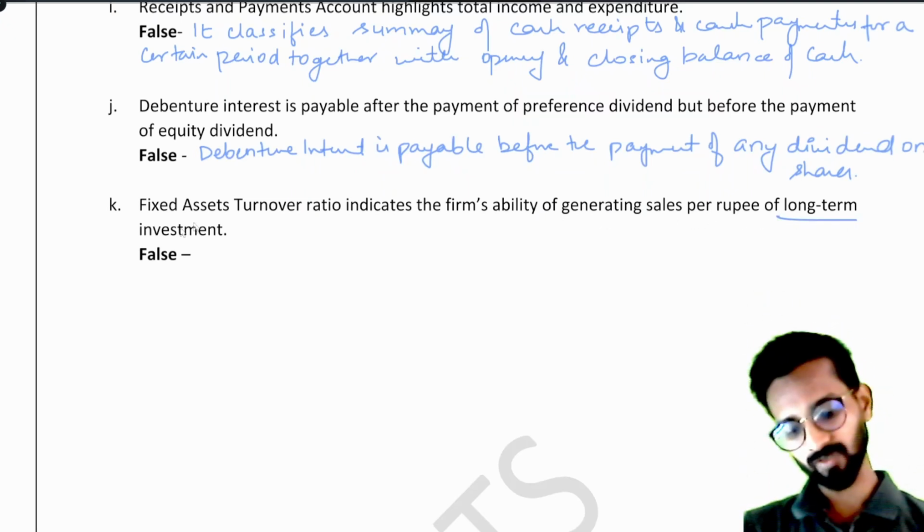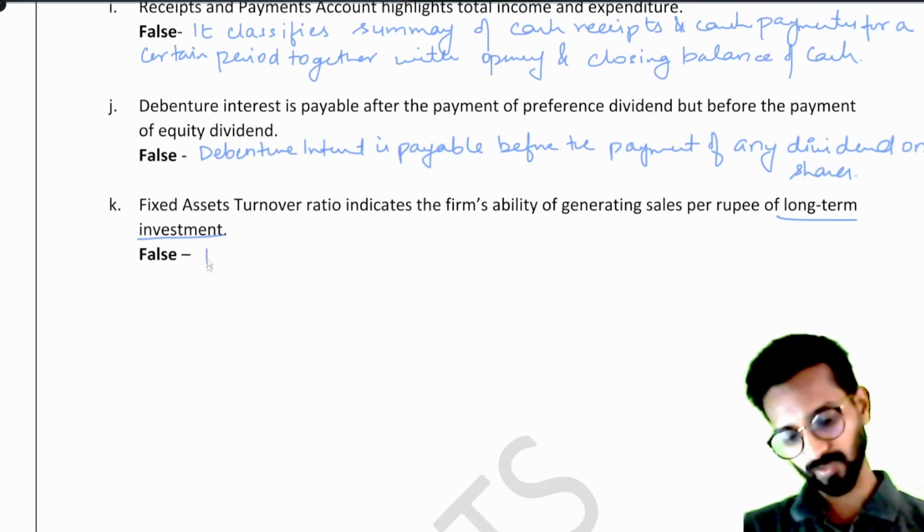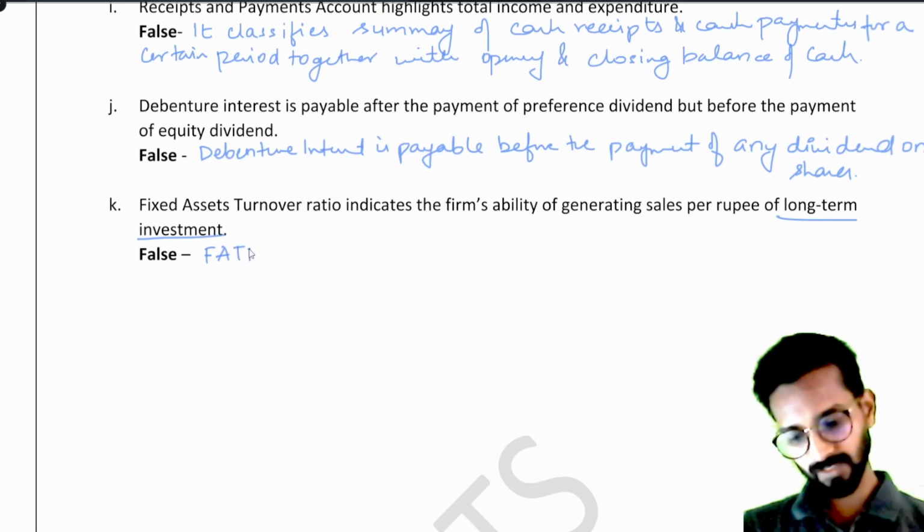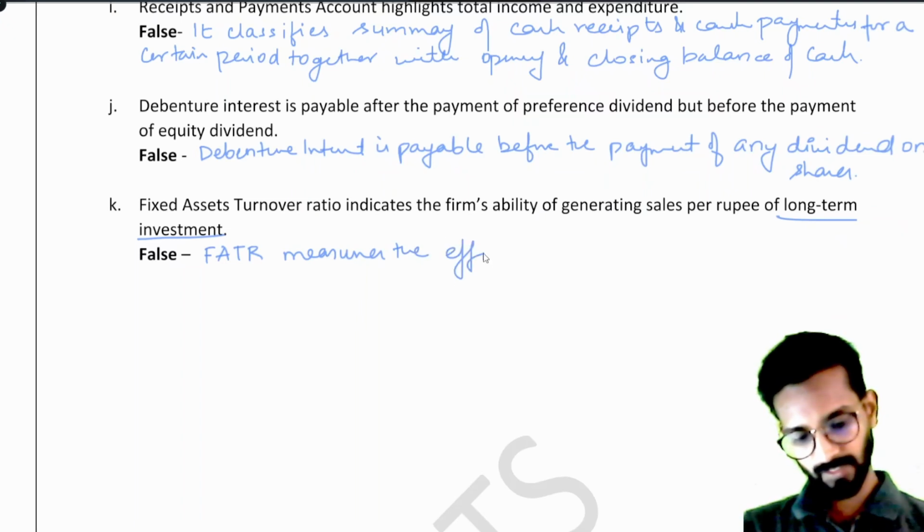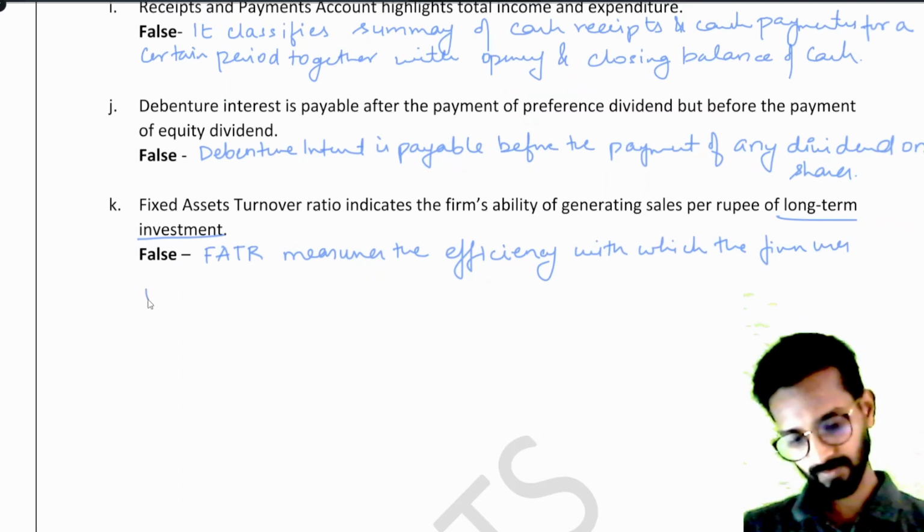Oh my God, not long-term investment, but fixed assets. You cannot say it is long-term investment. No, the statement is false because fixed asset turnover ratio measures the efficiency with which the firm uses its fixed assets.